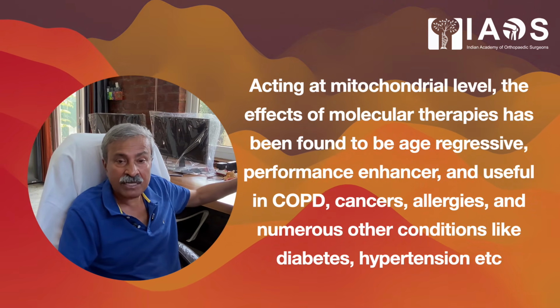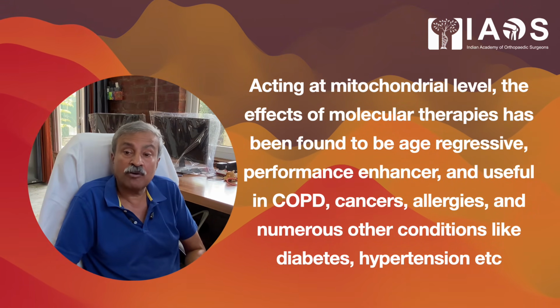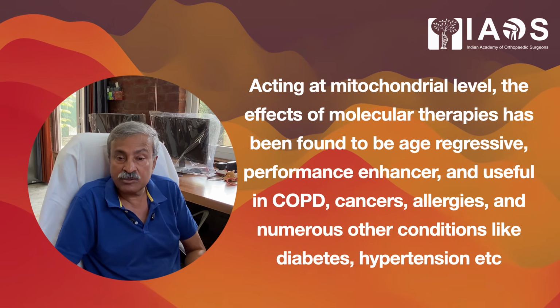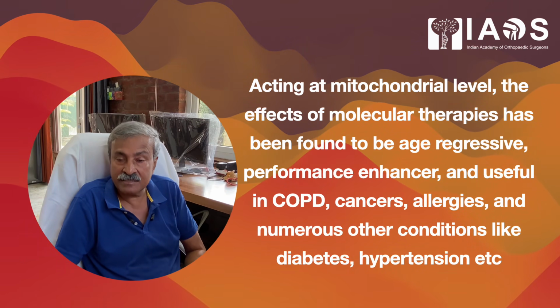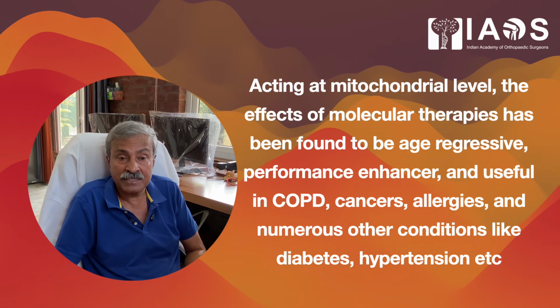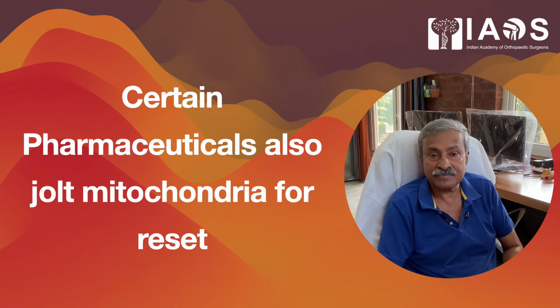Acting at the mitochondrial level, the effects of molecular therapies have been found to be age regressive, performance enhancing, and useful in COPD, cancers, allergies and numerous other conditions like diabetes, hypertension, age reversal, general wellness, and so on.